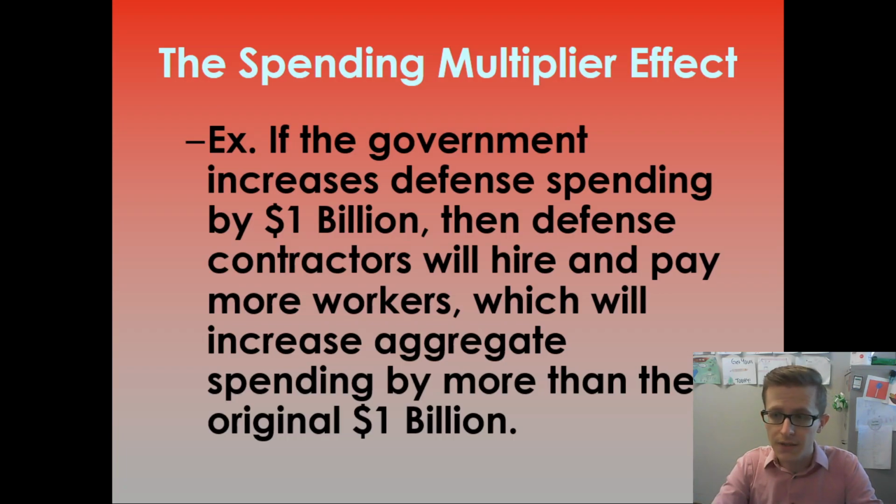With those paychecks, they're going to go and pay their rent. They're going to buy food. They're going to buy whatever they want. Those companies are then going to use that money to pay their workers and buy things that they need, right? And so on and so forth until, again, you're left with nothing. So it'll end up being by far more than the original $1 billion.